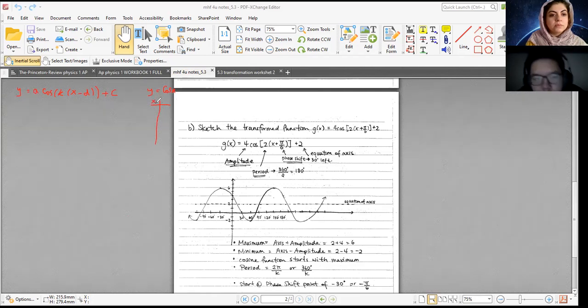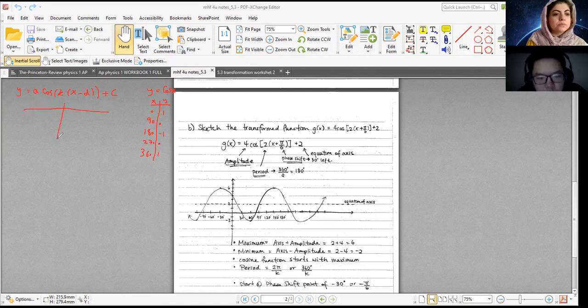There are key points. Let us start from 0. Cosine 0 is 1. Cosine of 90 degrees is 0. Cosine of 180 degrees is -1. Cosine of 270 is 0. Cosine of 360 is 1. If you want to do the mapping rule, you need to transform these points.